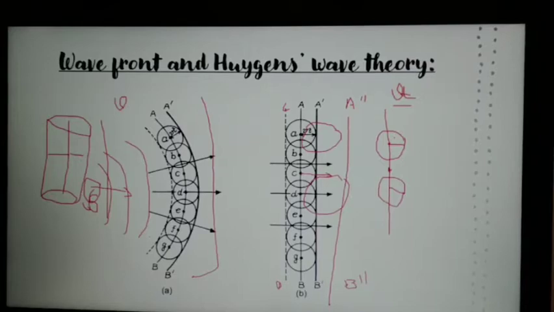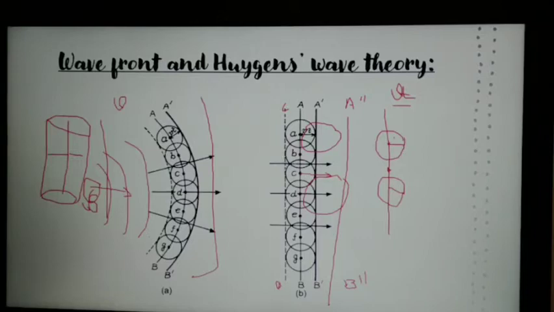Now, based on this Huygens wave theory, we have to explain the properties of reflection and refraction. Remember, in wave theory we are considering not light rays but light wavefronts. The easiest way of dealing with a light wave is a plane wavefront.